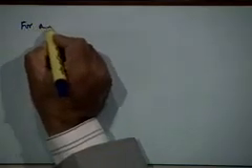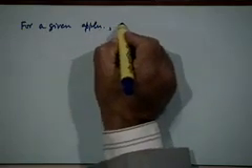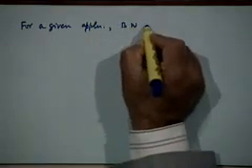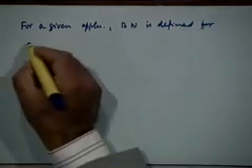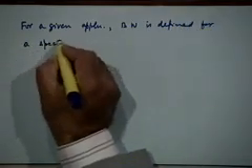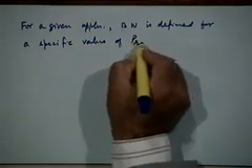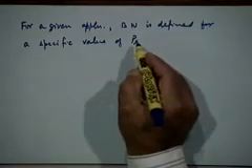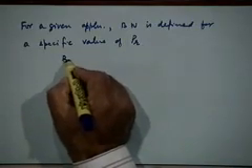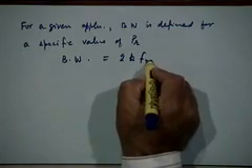So for a given application, bandwidth is defined for a specific value of PR, and for whatever value that you select, the bandwidth will then become 2k times f_m.